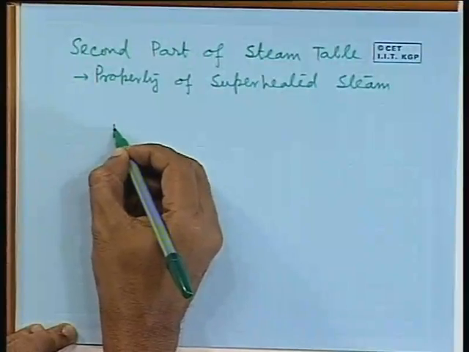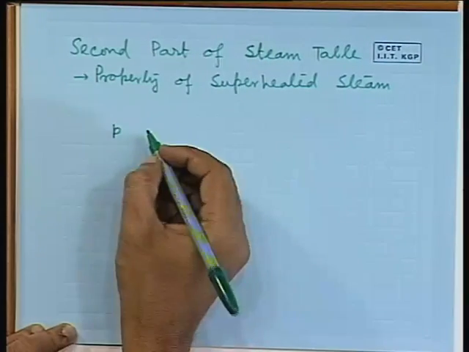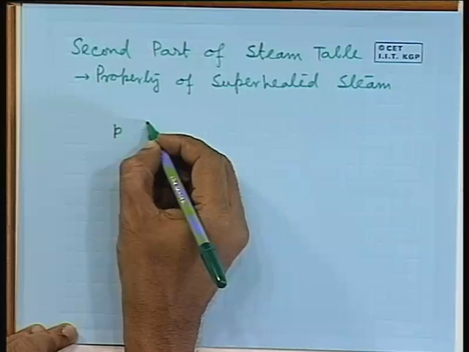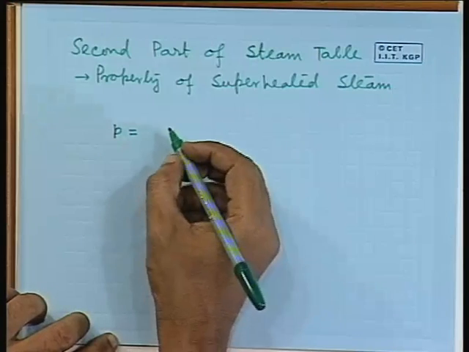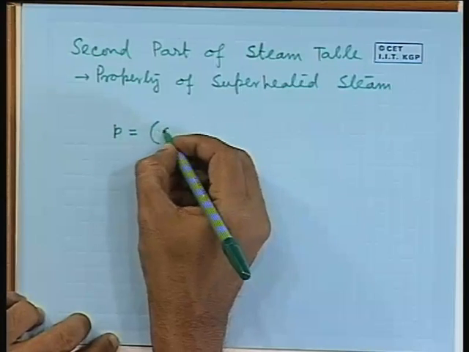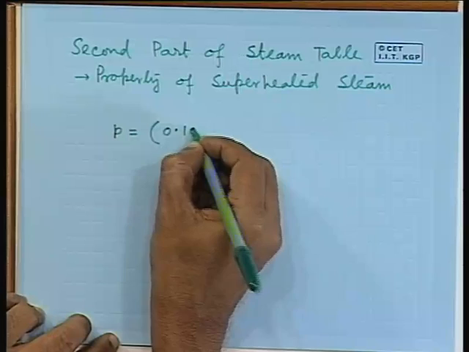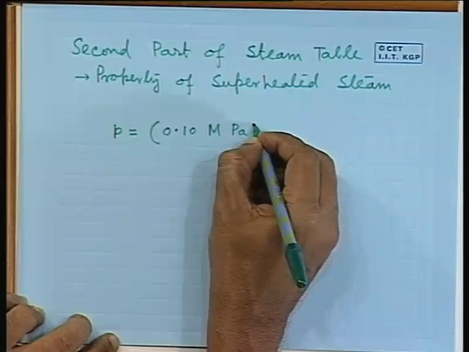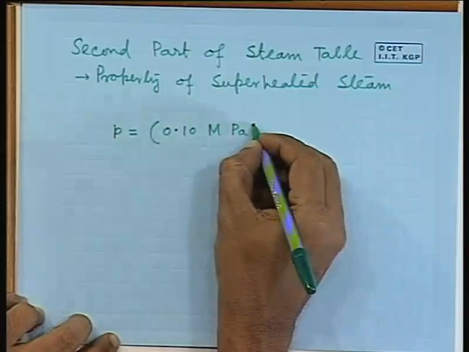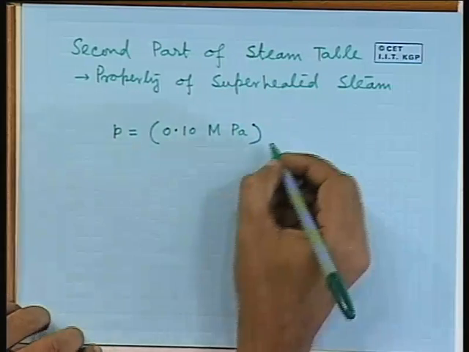Let us take a particular value. Let us say the pressure value is given, that means we have tabulation of steam properties at 0.10 megapascal. So, pressure is equal to this value.